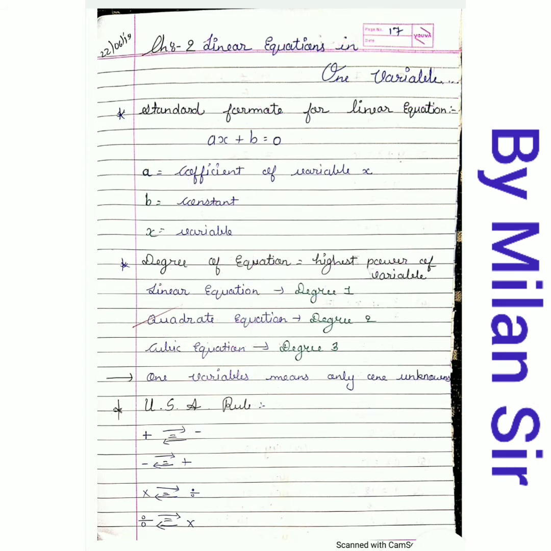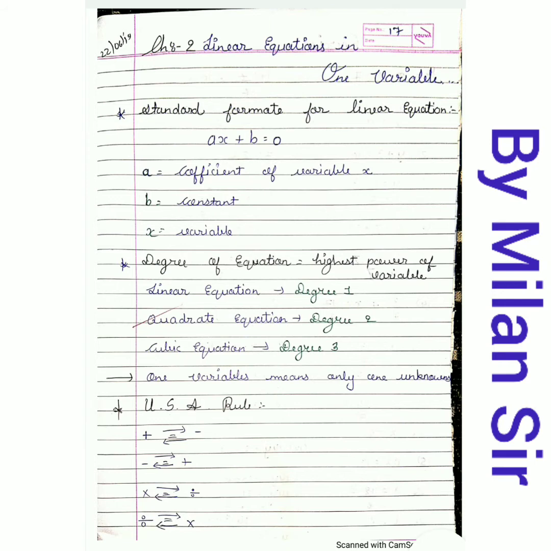It can be any alphabet. The main thing is that variable means unknown value. Whatever unknown value is there in the equation, it is our variable, and it can be any alphabet from a to z, always written in small letters. So ax plus b is equal to 0 is our standard form.